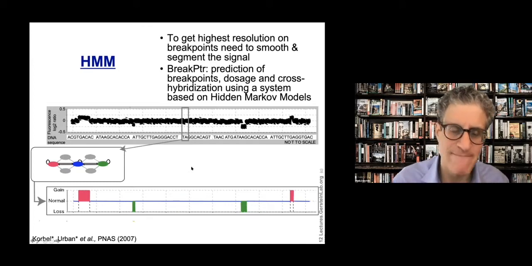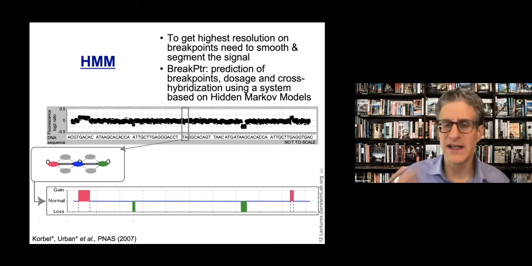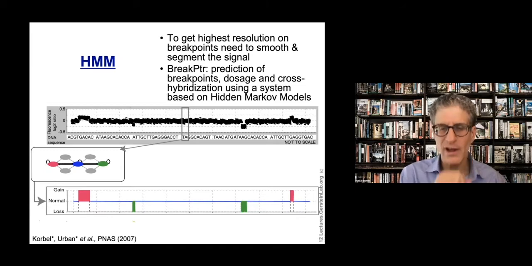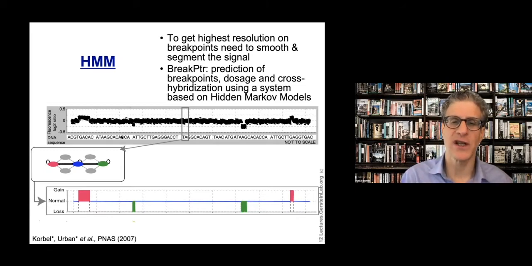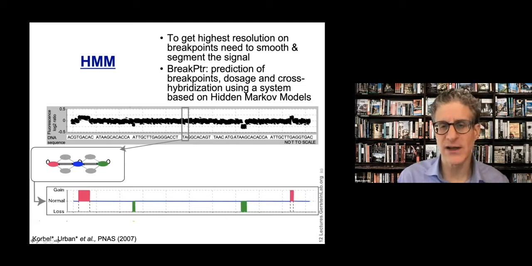I picked this approach because I thought it nicely gels with what we just talked about for multiple sequence alignment. You're given a very noisy signal profile that looks like this, and this is your observed data.